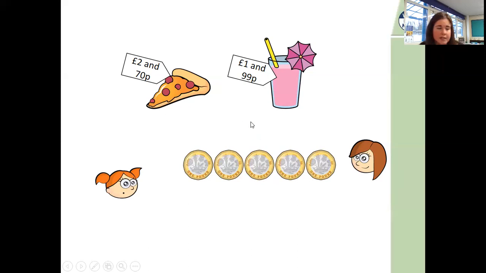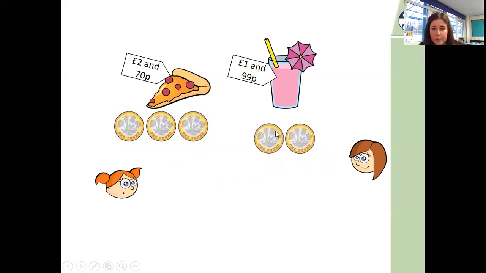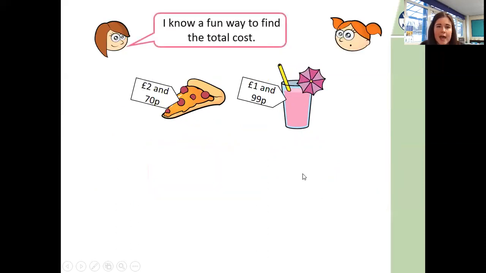Now, Rosie needs to know if she's got enough money to buy these two items. £2 and 70 pence is less than £3, so we can put £3 over there for the pizza, and £2 is more than £1 and 99p, so that will pay for the drink. So yes, Rosie has got enough money, but Rosie wants to know how much the total cost will be. And she's got £2 and 70 pence for the pizza and £1 and 99 pence for the drink.